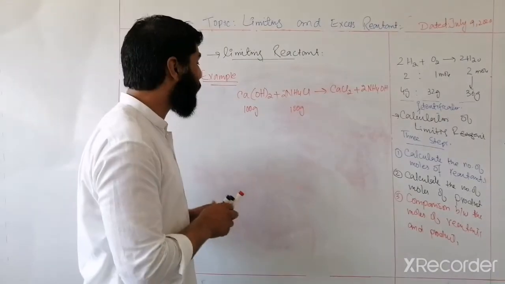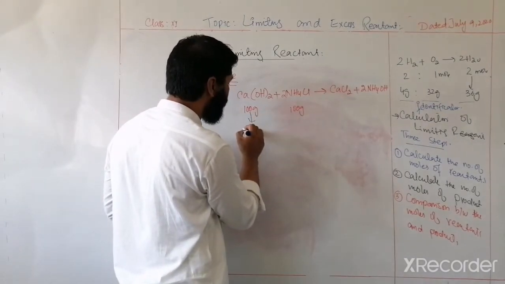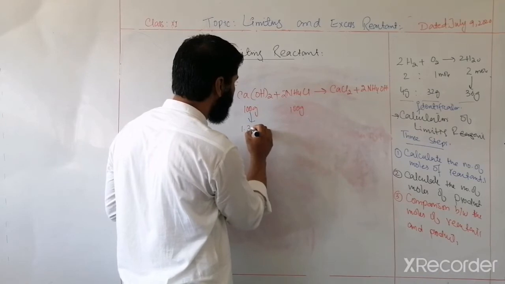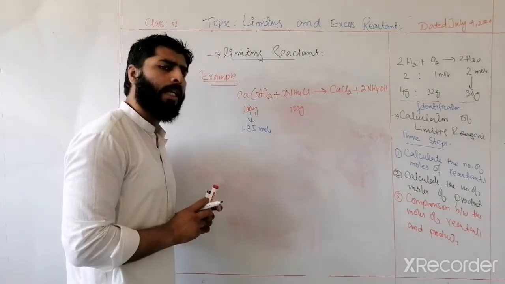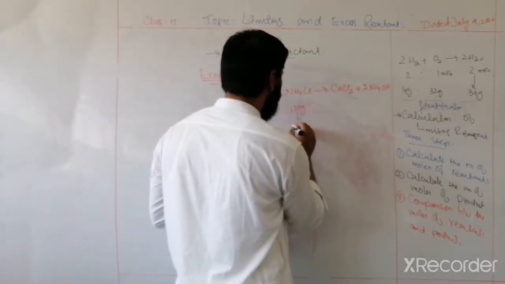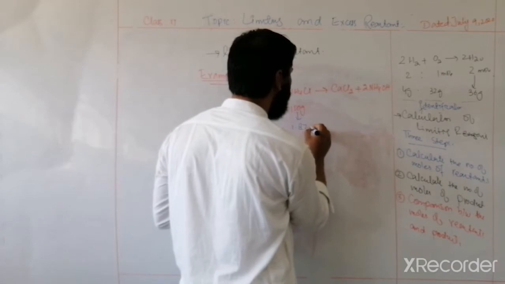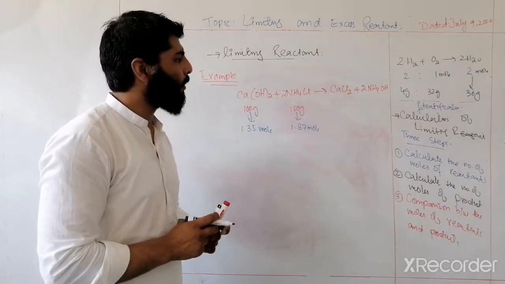Students, you are told that 100 grams, which are 1.35 moles of calcium hydroxide, react with 100 grams or 1.87 moles of ammonium chloride.